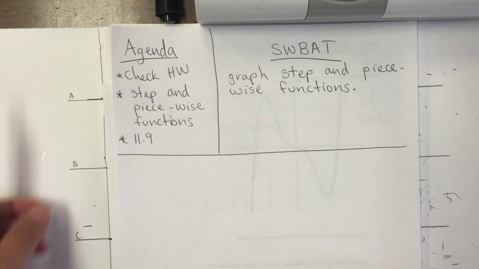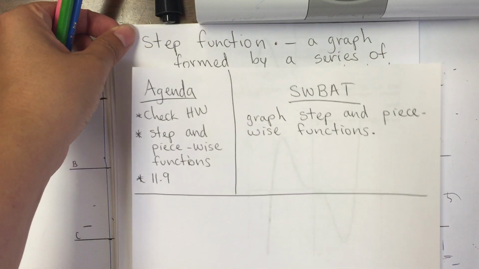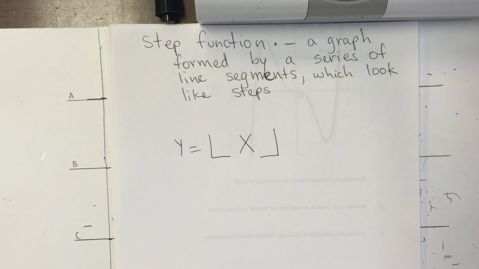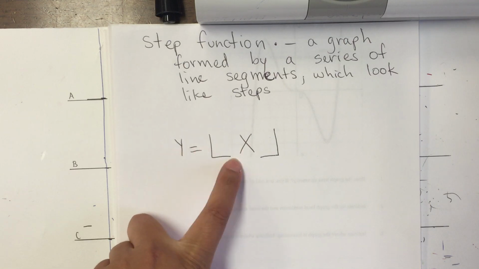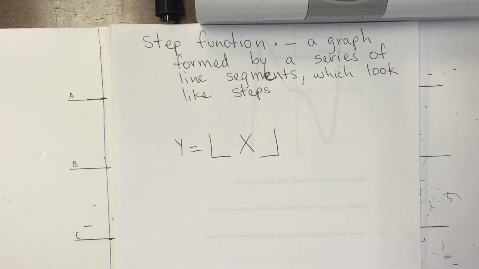So first of all, what is a step function? A step function is a graph formed by a series of line segments which look like steps. So we have here the equation of a step function.